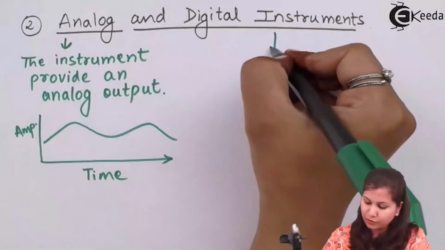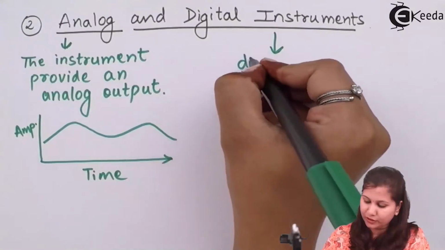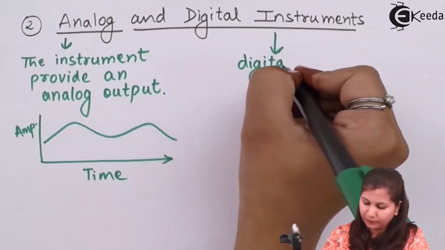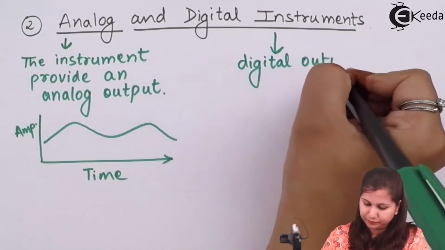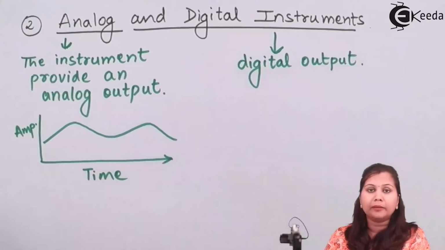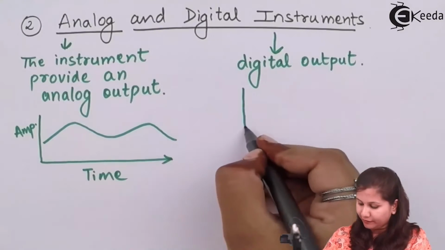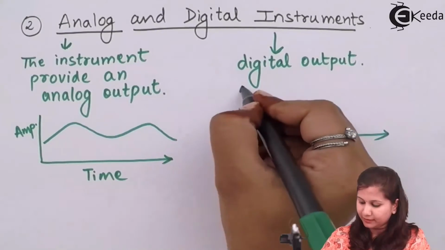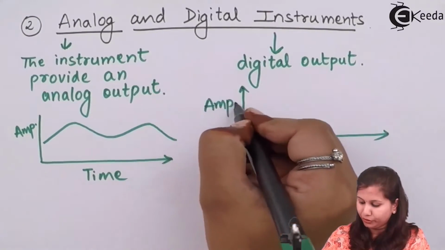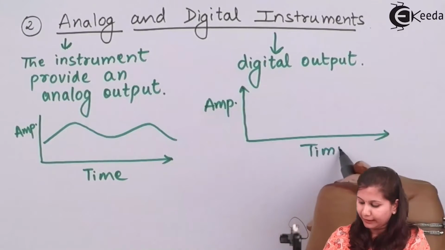Whereas digital instruments give a digital output, which means the output will be in the form of discrete steps. If we draw a digital signal, this will be the amplitude, and again here we will have the time.